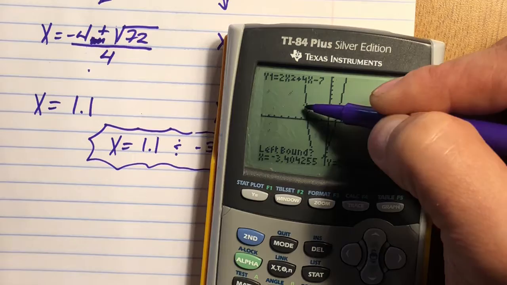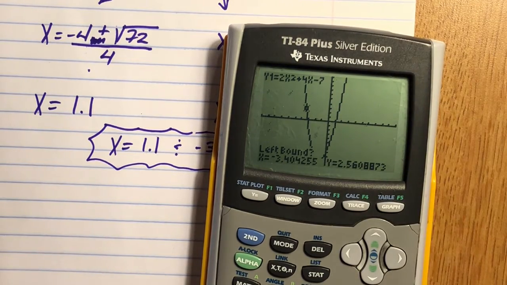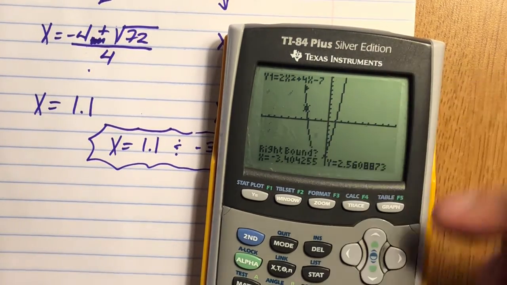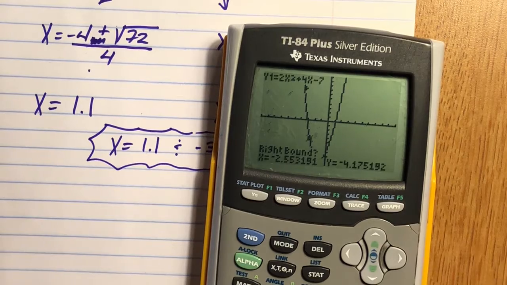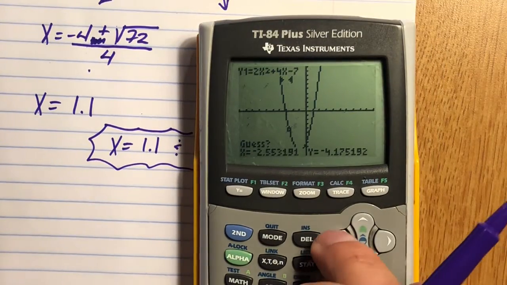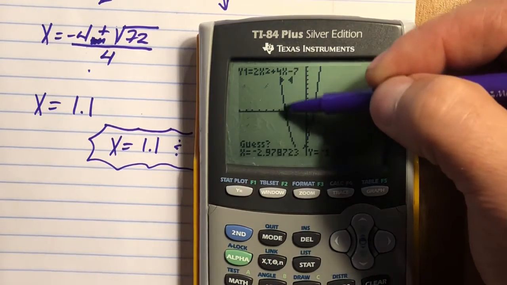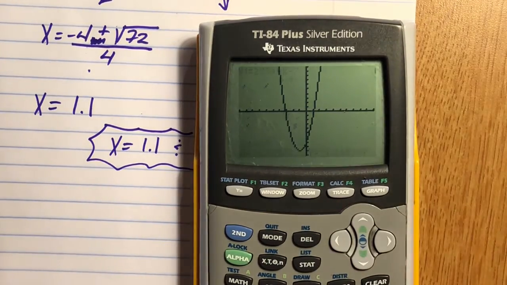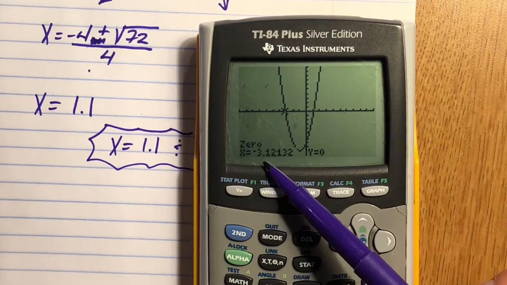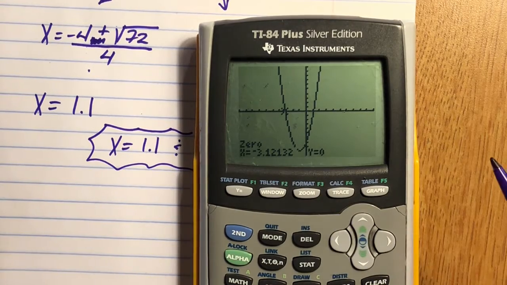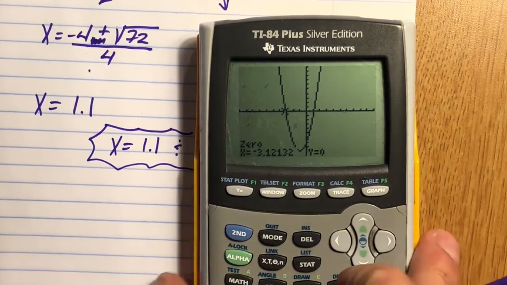We tell the calculator to look between that point right here and that point right there. I get negative 3.12 or negative 3.1. So I've got the right answer.